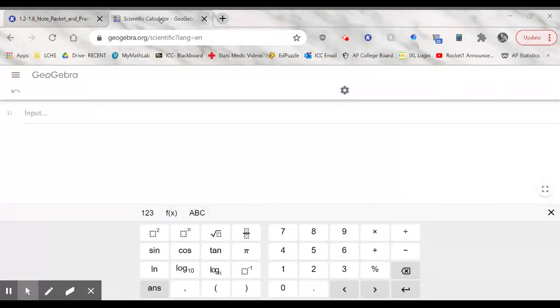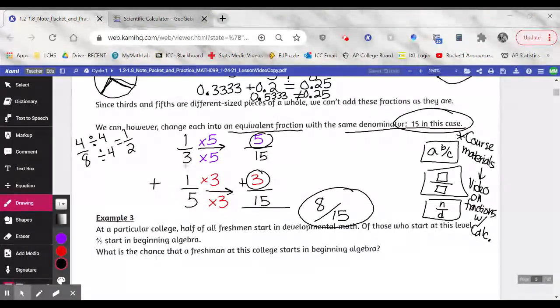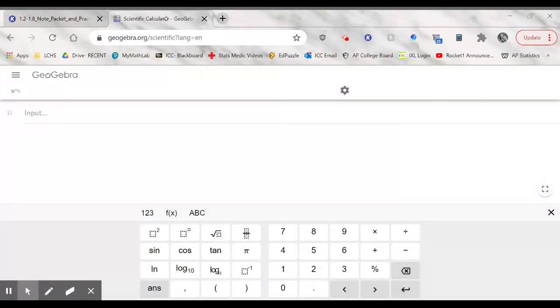All right, so let me show you how we would do 1/3 plus 1/5. So I'm going to go ahead and even just write that over here so we still have it. What you're going to do is use the fraction button on your calculator. On this one, it just looks like this.